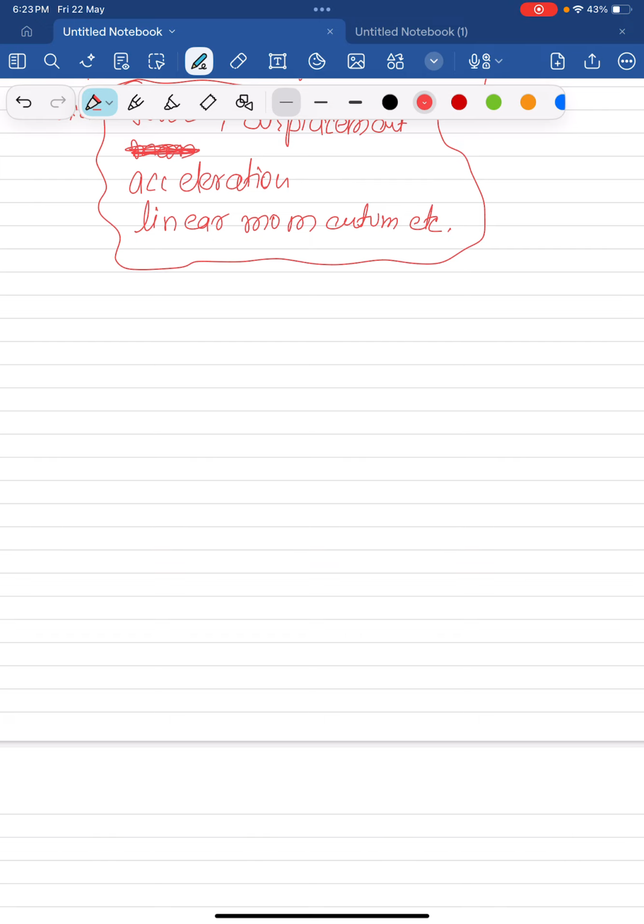Now we will study some kinds of vector. The first type is zero vector or null vector. Suppose a vector has zero magnitude.